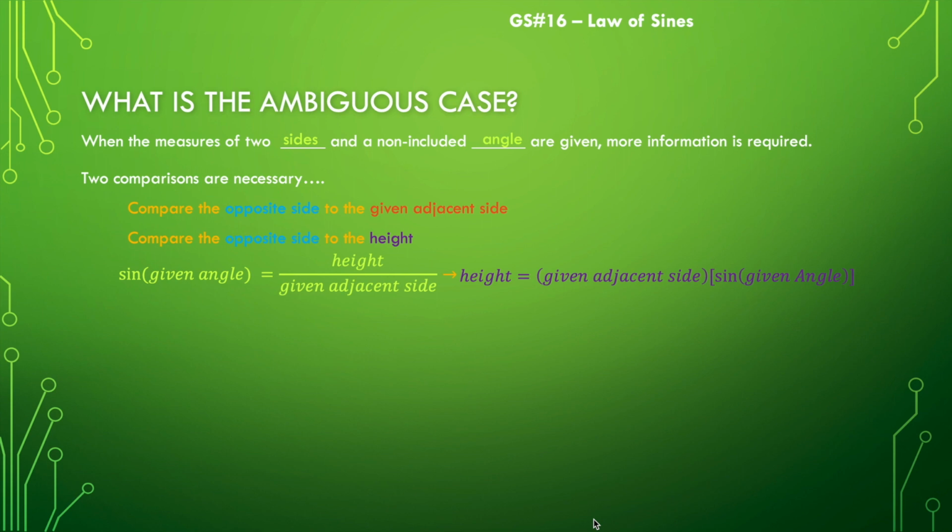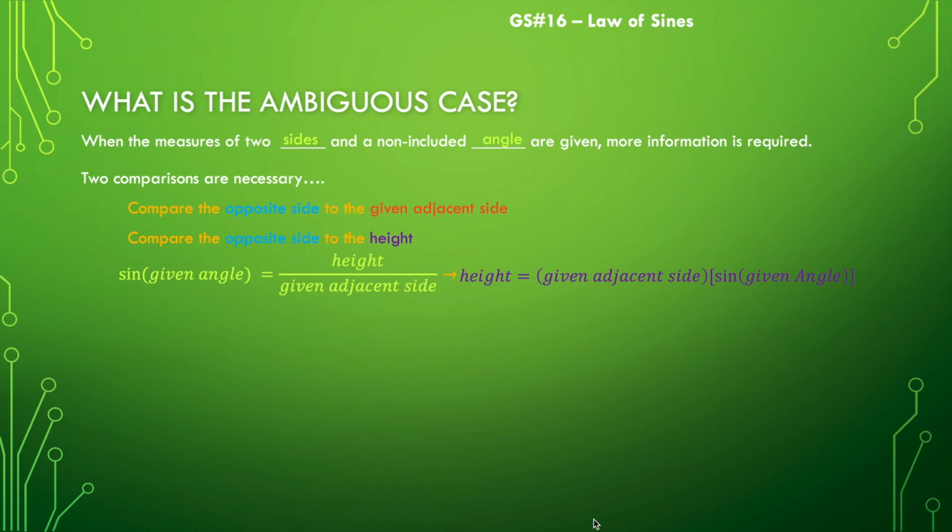Now, often we just say, well, it's just b sine A. And that's true if we label the given angle, angle A, and that adjacent side, side B. But if they're labeled anything other than that, we need to be very careful.